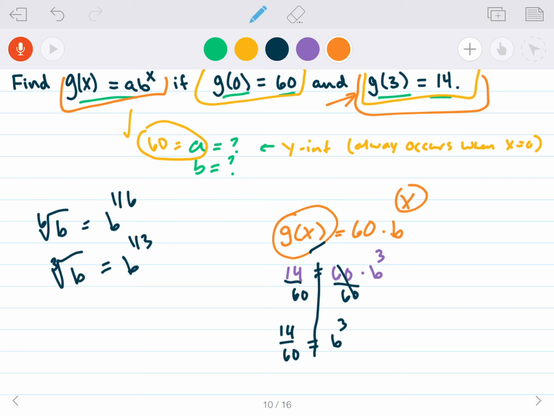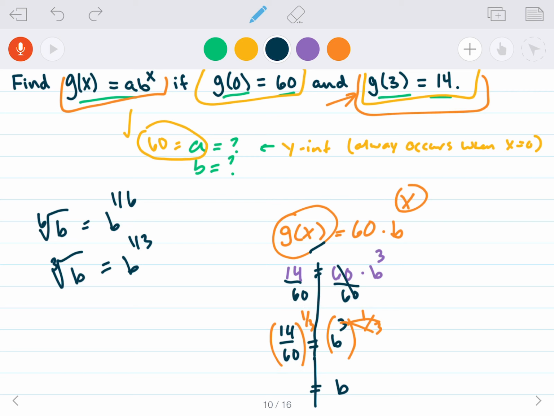Okay? So to get rid of that 3, I'm going to raise both sides to the 1/3. And that way this clears out to 1, which is what we wanted. And we get b to the 1st equals 14 over 60 to the 1/3.